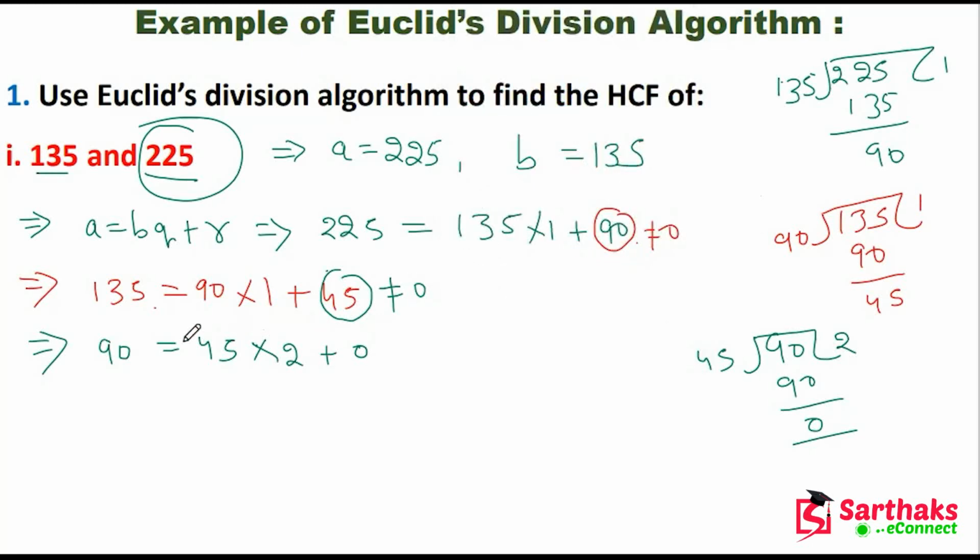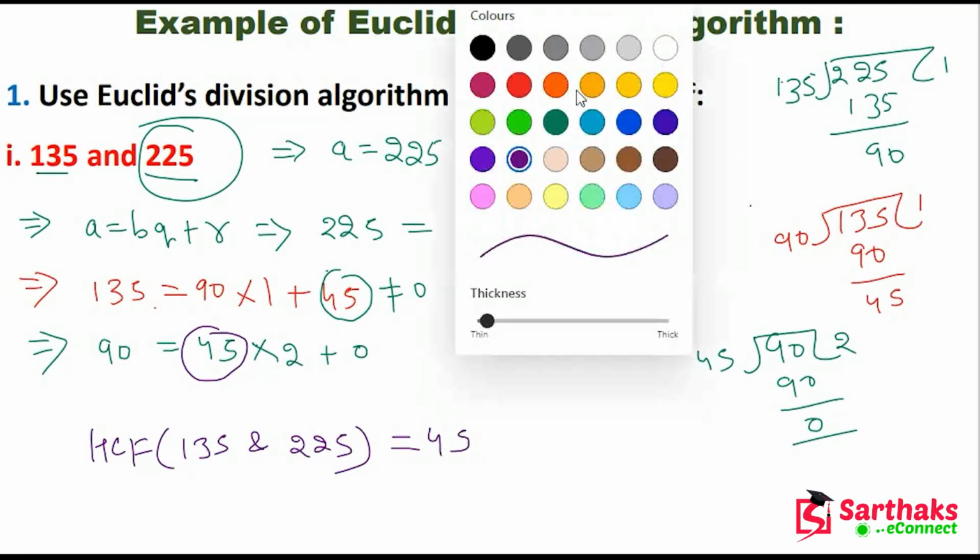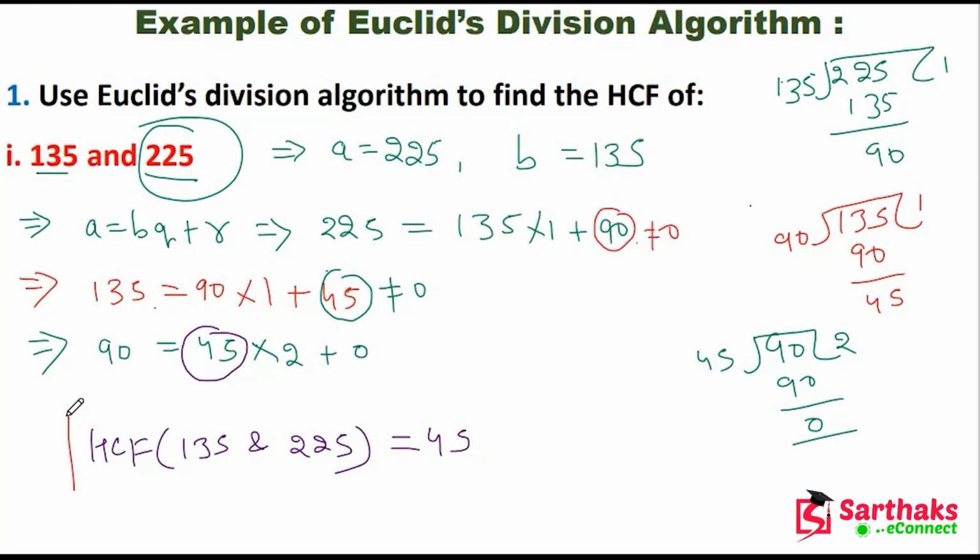The HCF is 45. Very good. So the HCF of 135 and 225 is 45. That is our result.